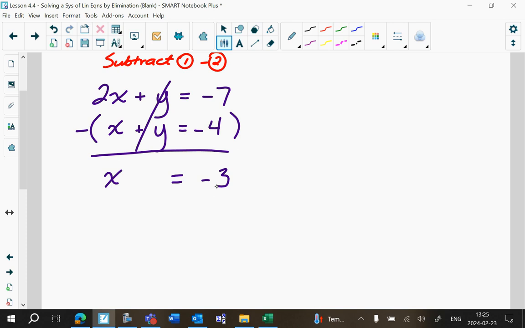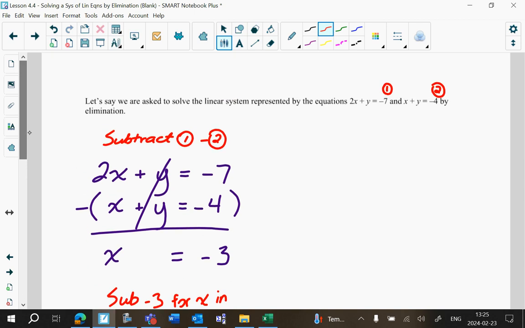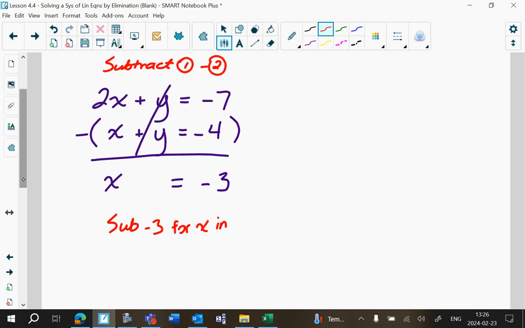How would you find the other one? Just like we did with substitution. How would you find the other one, Yamna? Yep. Plug x back into one of the equations and figure out what y is. So substitute -3 for x in one of the originals. Which one would you like to do? 2. Yeah, 2 looks like it's easier.